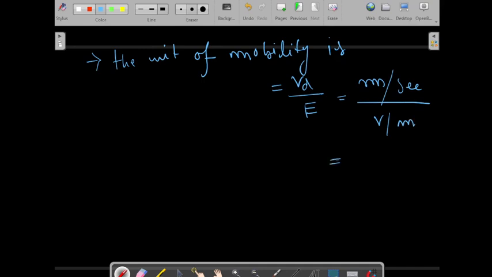So the unit is meter square by volt second. Understand?